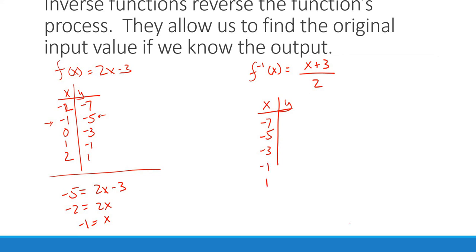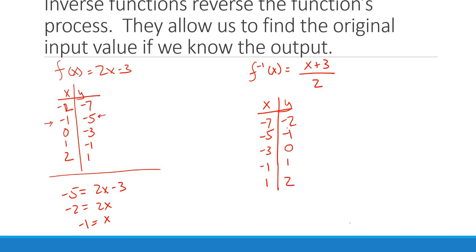If I plug -5 in here, I get -5 plus 3 is -2, divided by 2, which is -1. If I plug in -7, I get -4 divided by 2. If I plug in -3, I get 0. If I plug in -1 to the top, I get 2/2, which is 1, etc.